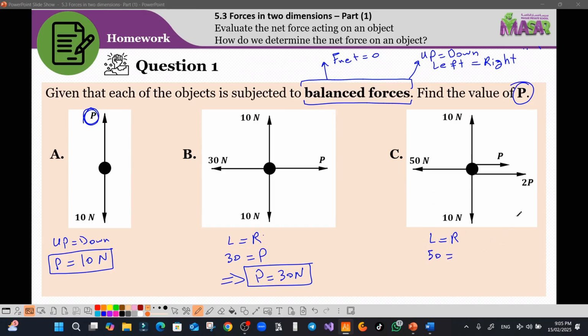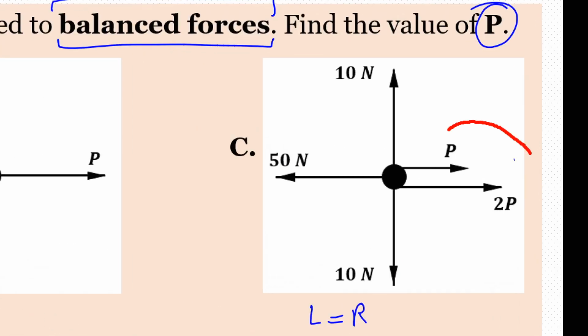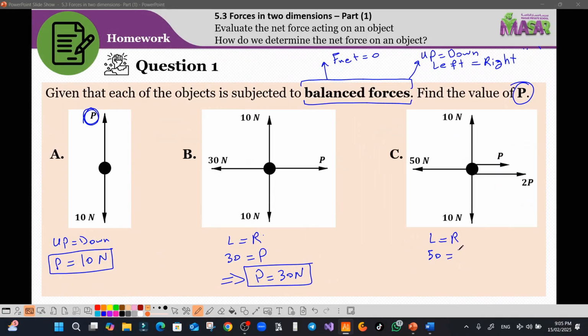On the right, we have two forces, and we must combine them together, P and 2P. Here at this stage, we are evaluating the magnitude of the forces. The magnitude on the left is equal to the magnitude on the right. So this is why I didn't add the minus. If you wonder why I didn't add the minus, it's because here I'm evaluating the magnitudes of the forces.